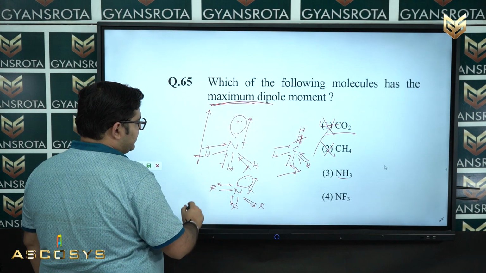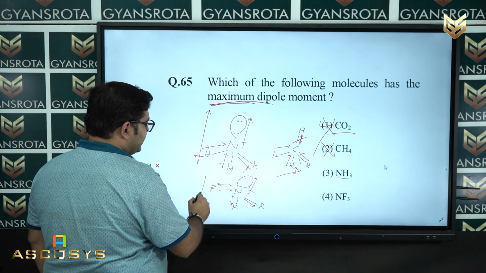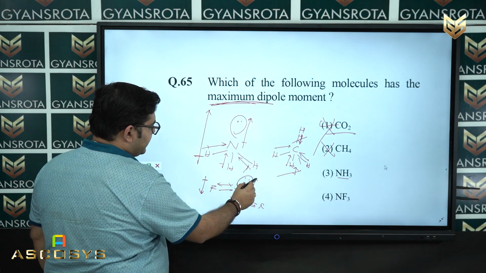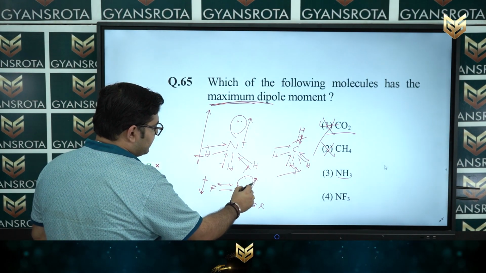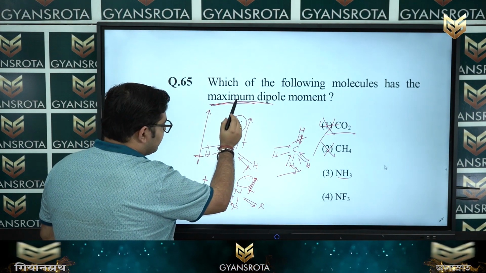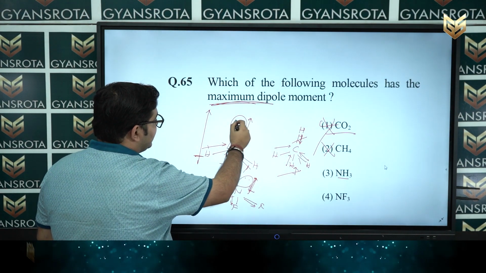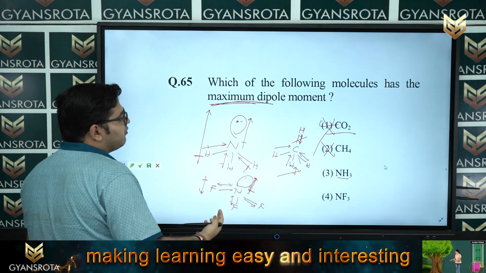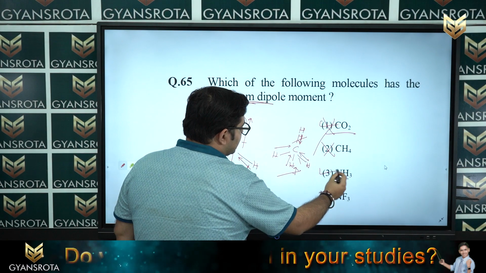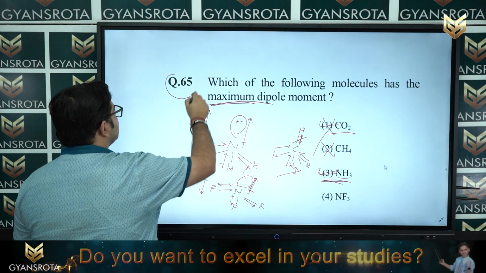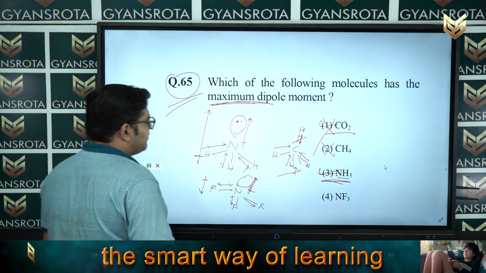So, here the resultant arrow should be like this, means these 3 will be cancelled out by this 1, but here all are added up. So, as a result we are getting a larger dipole moment. So, your option number 3 has the maximum dipole moment, and this is the answer of your question number 65.